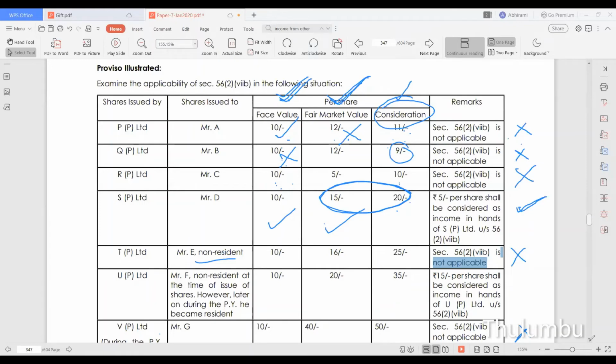So in this scenario, first check whether the consideration is greater than face value. Yes. Then check whether consideration is greater than fair value. Yes. If both are satisfied, find the difference, 15 rupees. Then this 15 is taxable as income from other sources.